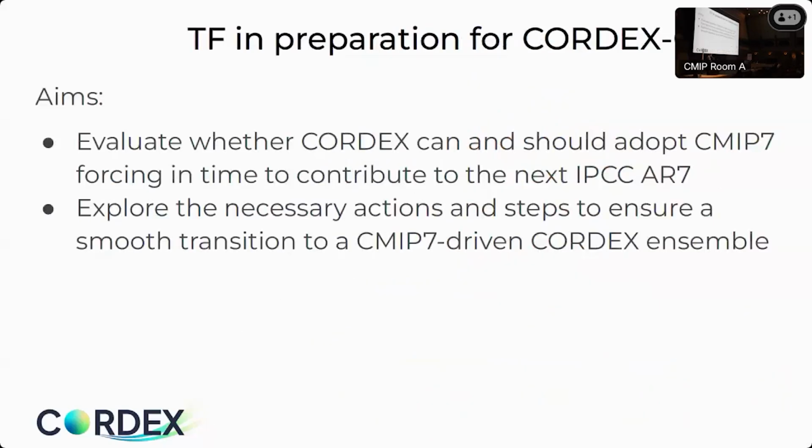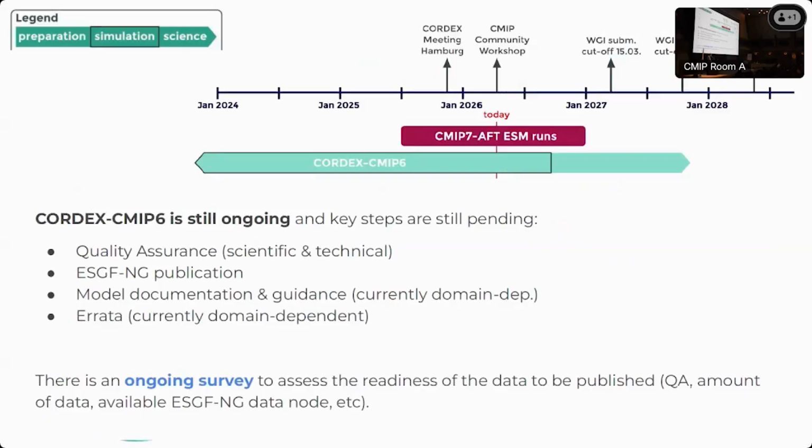Going to CMIP7, or in fact going to CORDEX CMIP6, because CORDEX CMIP6 is still ongoing. We are still doing simulations for CORDEX CMIP6, and there are some key steps still pending because these data are not published yet. So this means that we will still need several months for the public to be able to access the simulations, and then the CORDEX CMIP7 will come very close in time to the CORDEX CMIP6 era.